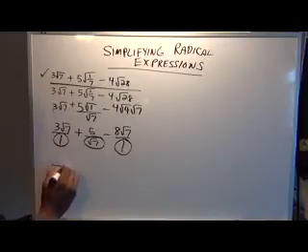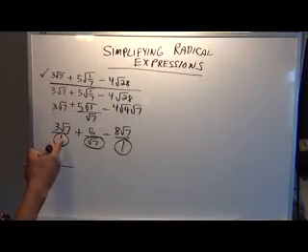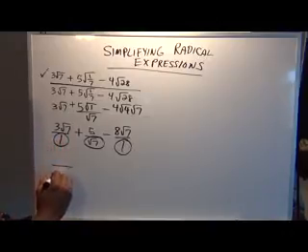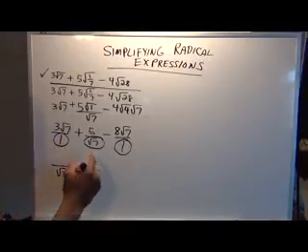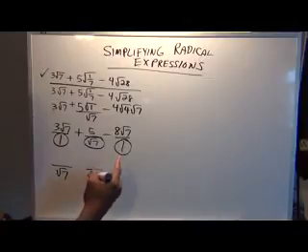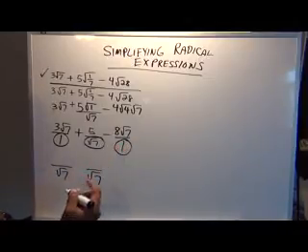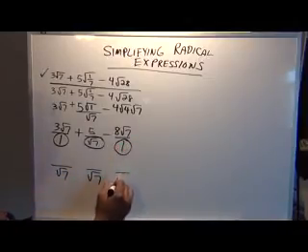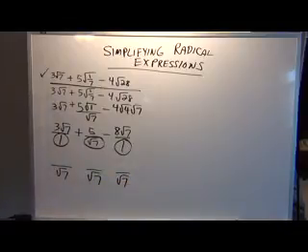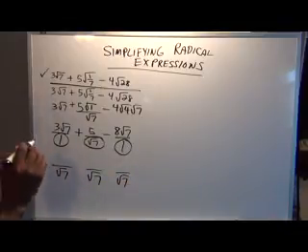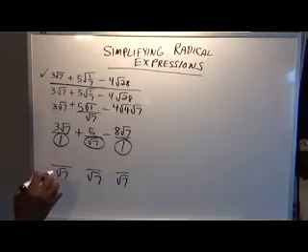So we have to multiply the square root of 7 times this 1 to get square root of 7. We already have square root of 7 here. And we have to multiply this 1 times the square root of 7 to get the denominator equal to square root of 7. And since we multiply the denominator by the square root of 7, we need to multiply the numerator by the square root of 7.